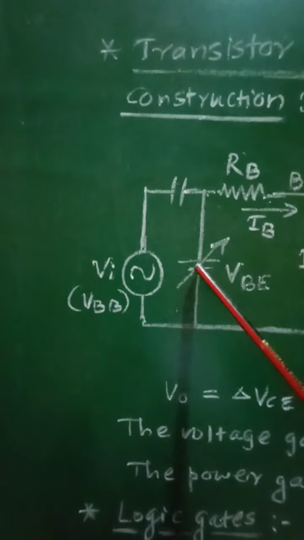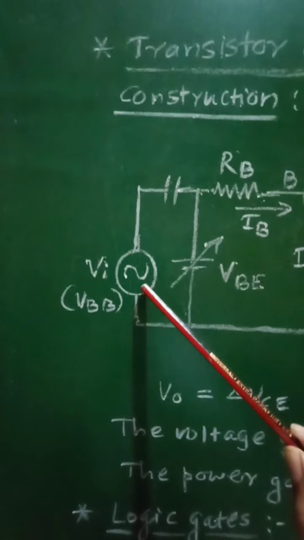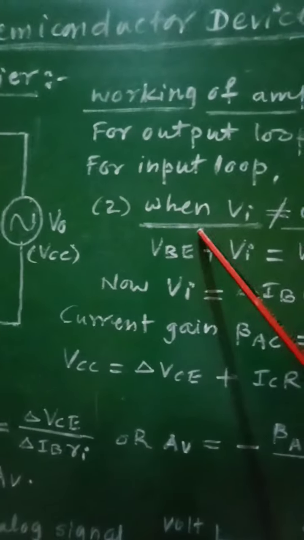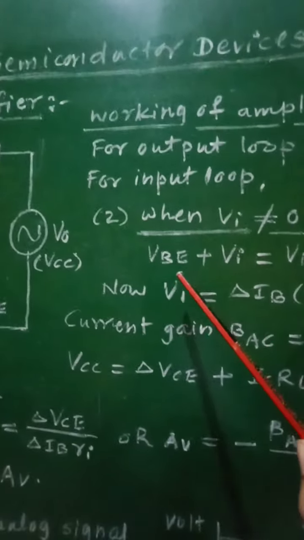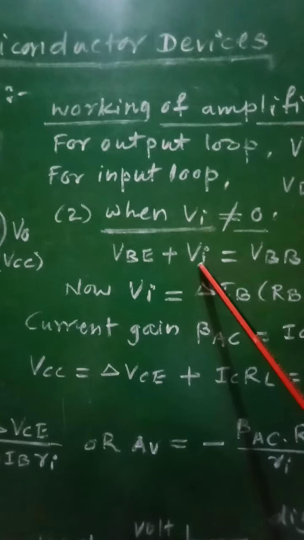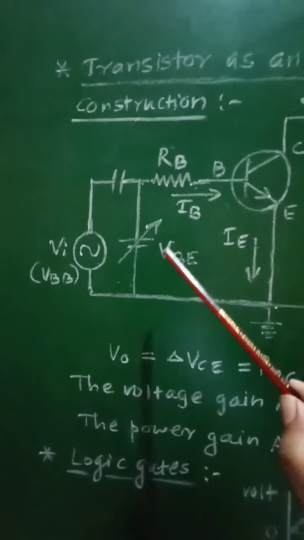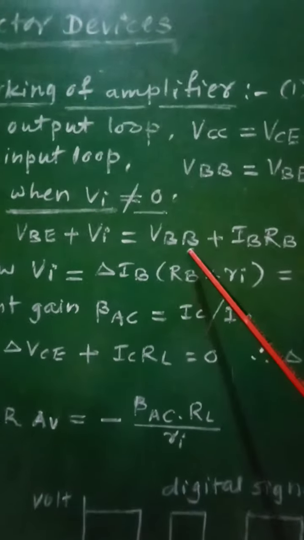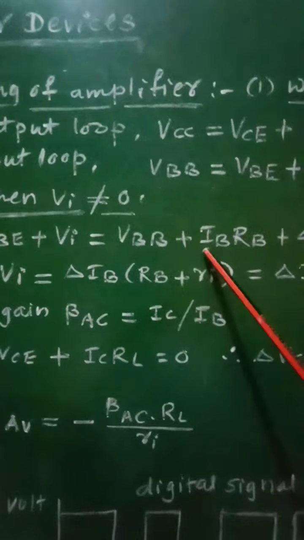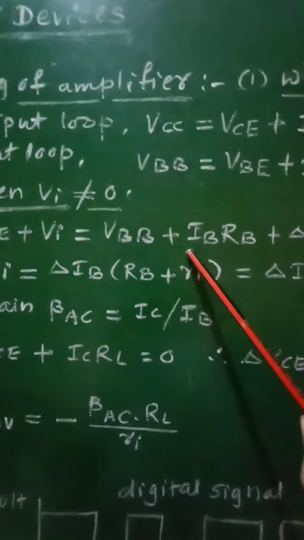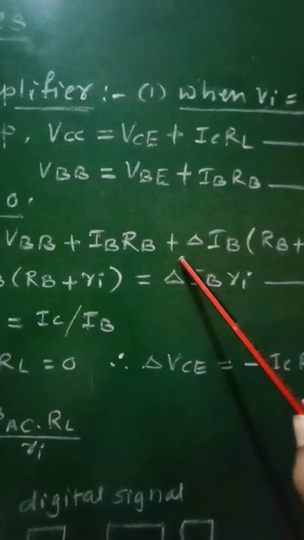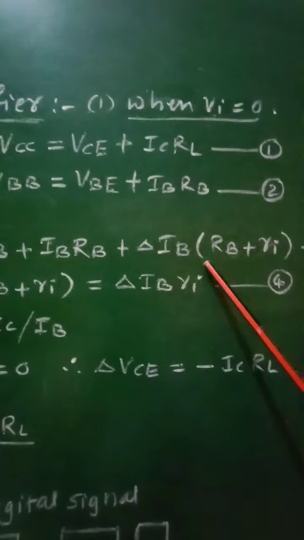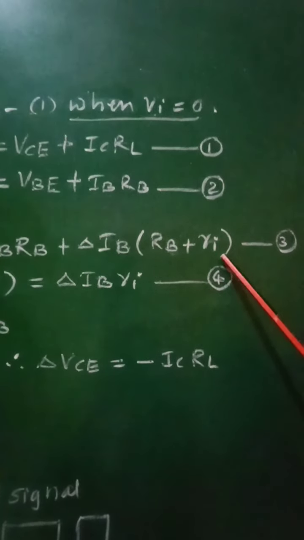At that time Vi is not equal to 0, and therefore we can write, when Vi is not equal to 0, VBE plus Vi, that is VBE plus this input signal Vi, will be equal to VBB plus IB RB plus delta IB, the small change in base current, into RB plus Ri.